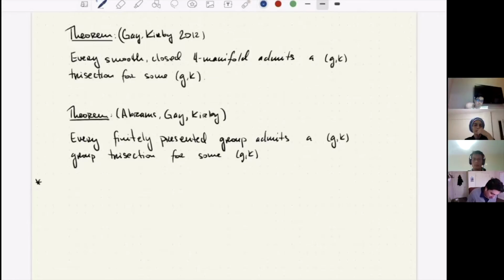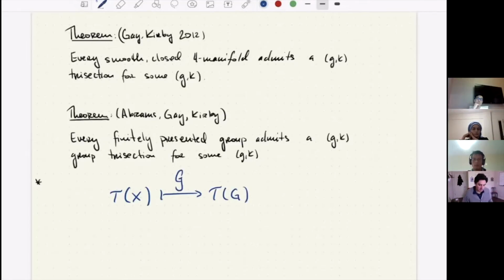What they show is that if you give me a trisected four-manifold, so let's say that's a trisection of the four-manifold X, well, by taking pi1, like we just did, we actually get a trisected group G. And they call this map G because you're actually constructing a group.